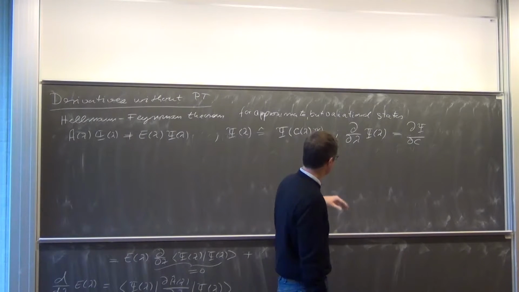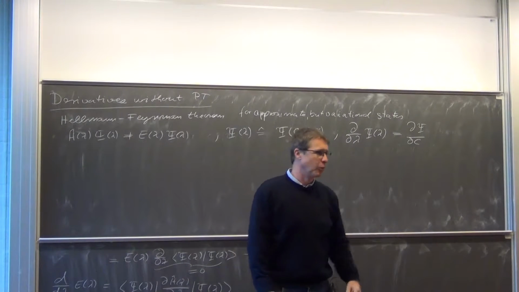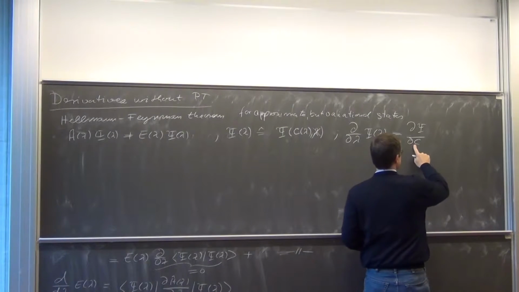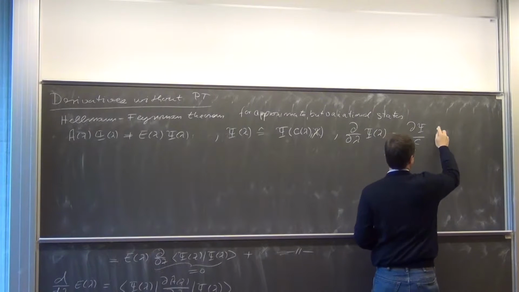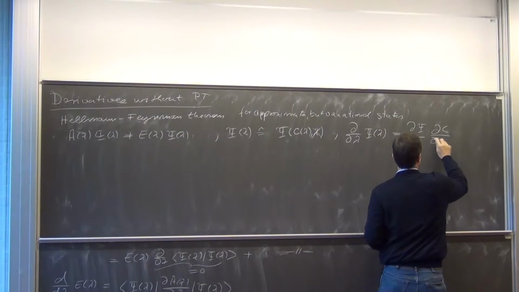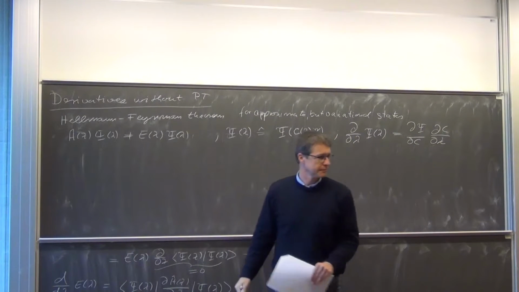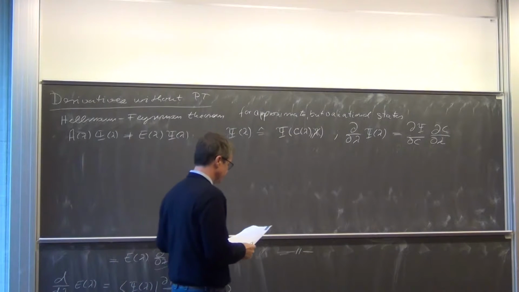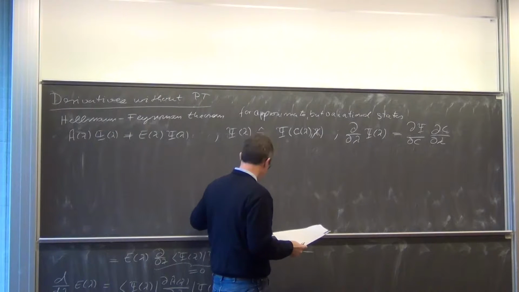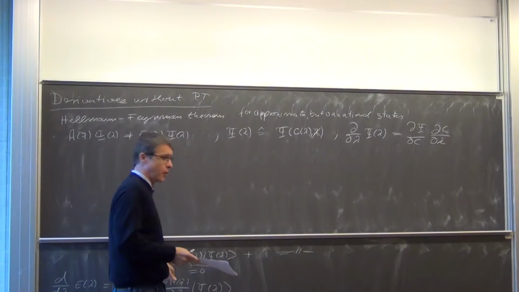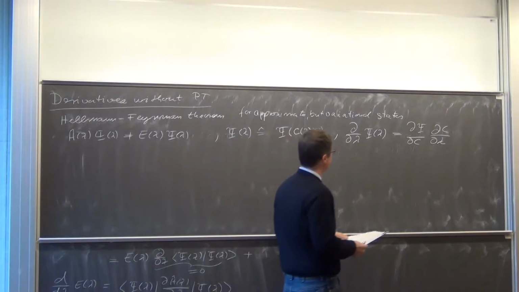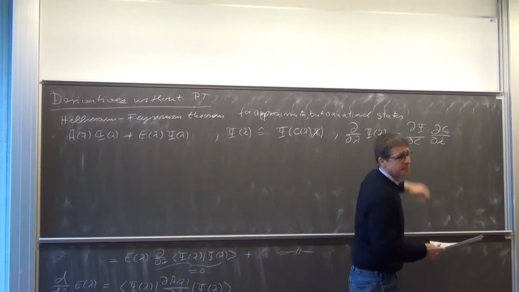So assume it's a system where there's only one molecular orbital coefficient or one determinant coefficient. So I have the derivative with respect to C, and then I get the derivative of C with respect to lambda. Which is a big difference to what we had before with the exact states. For the exact states, I didn't have this.